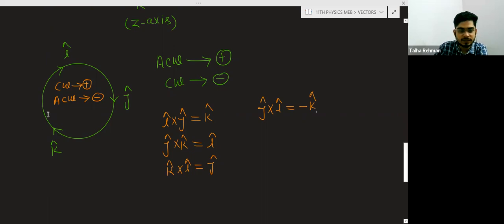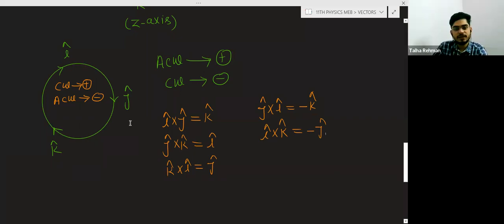And suppose I want to find I cross K. So this is I, this is K. So you are going in the anti-clockwise direction and for anti-clockwise you have chosen negative. So I cross K is equal to minus J. Okay.